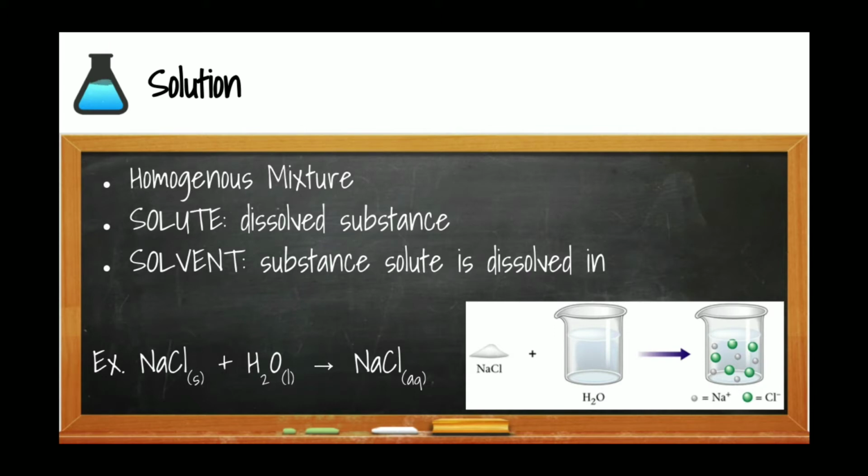Salt is said to be the solute because the solute is the substance that is dissolved. And water is said to be the solvent. That's the substance that the solute is dissolved in. But when you have a homogeneous mixture of sodium chloride, it is still both salty from the sodium chloride and wet from the water. No new bonds, no new properties.